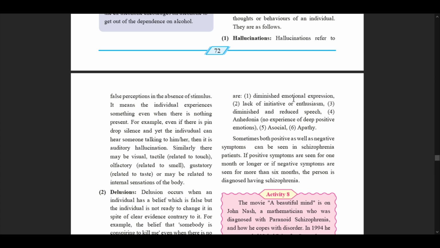Tactile, related to touch, where a person behaves as if someone is trying to touch him or is touching him or her. Olfactory, related to smell, where a person starts smelling something even though there is nothing there, it's an inert environment. It happens.